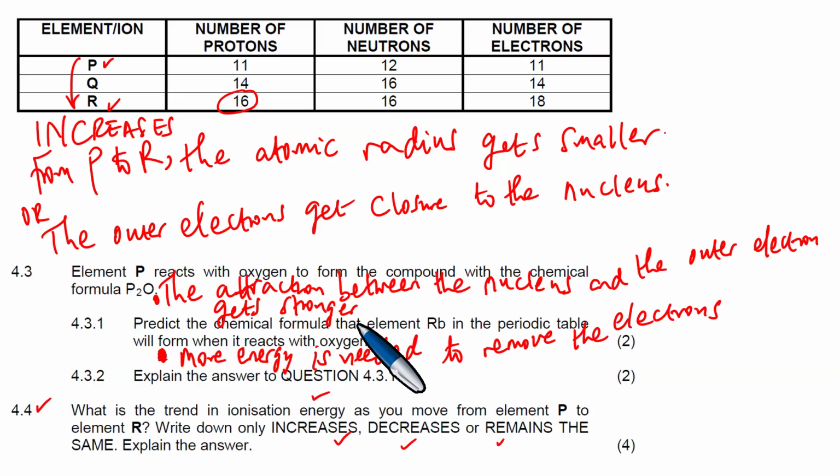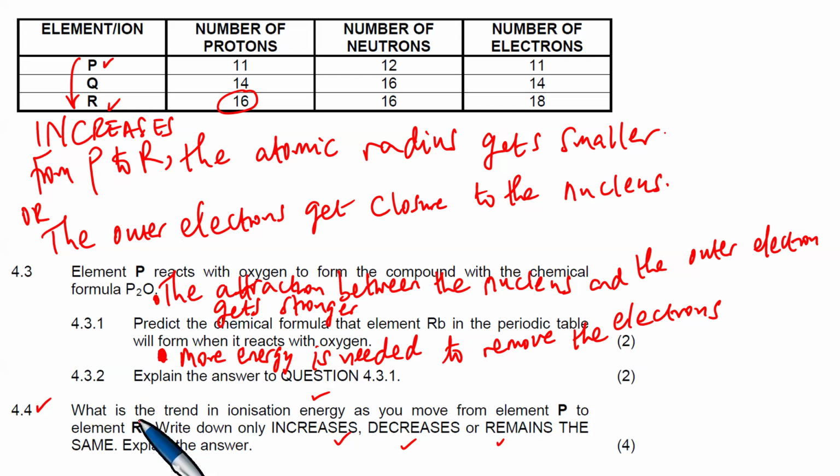So more energy is needed to remove the electrons. That is also another way of further explaining that.